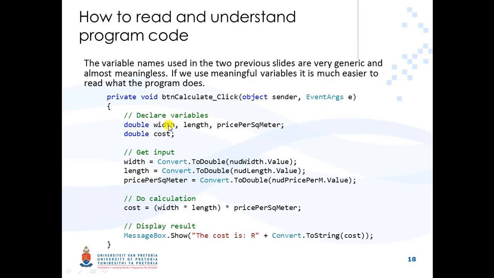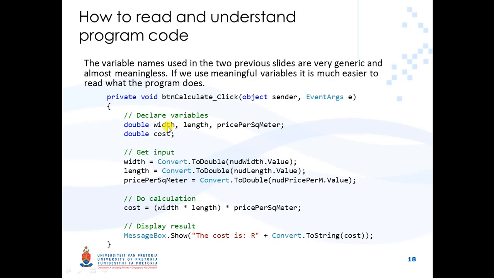So width will obviously contain the width of something. It might be a room, or it might be a floor. Length will be the length of something, and we assume that it will be in meters because we have a price per square meter.